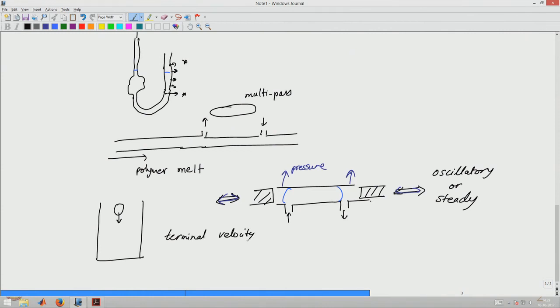We can measure this terminal settling velocity and then relate it to viscosity. And if the terminal velocity is very small, and the overall strain rate in the fluid is very low, then we can measure the zero shear viscosity.